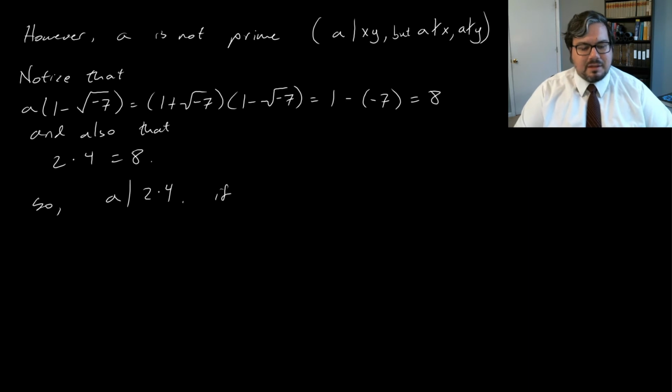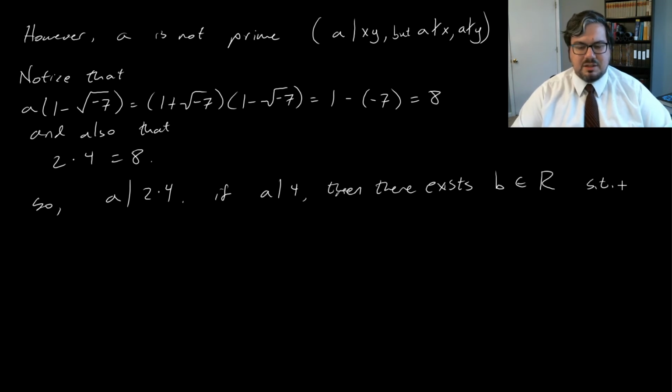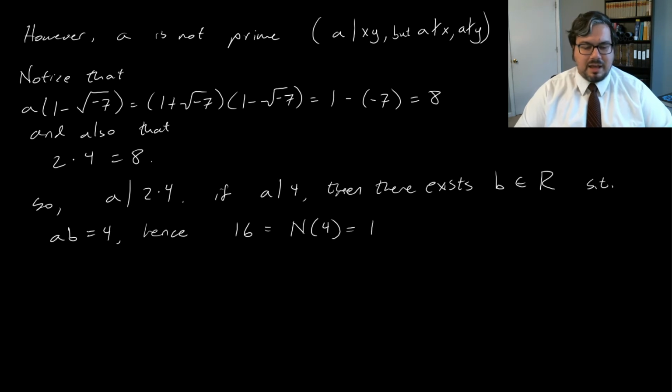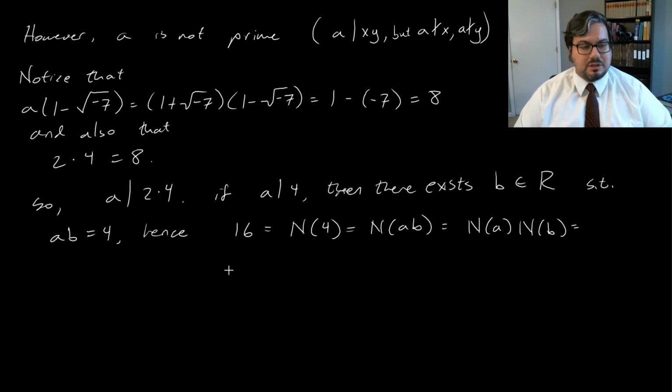Now, if A were to divide 4, then there exists a B somewhere in the ring R such that A times B equals 4, and hence we would have that 16, which is the norm of 4, would have to equal the norm of AB, which is the norm of A times the norm of B, and we worked out earlier that the norm of A is 8.